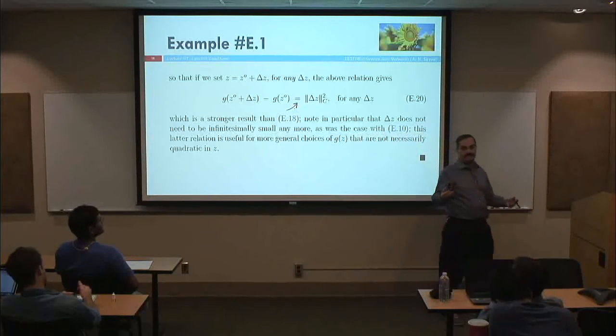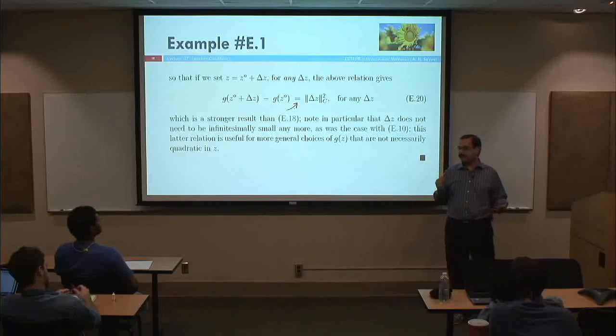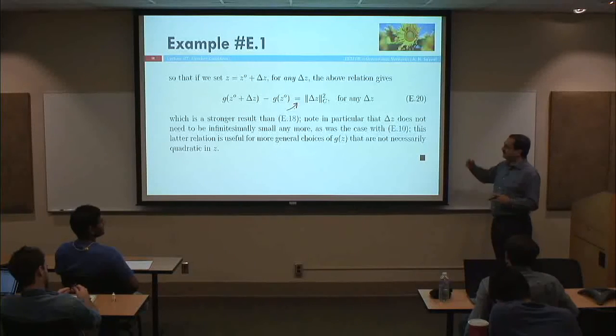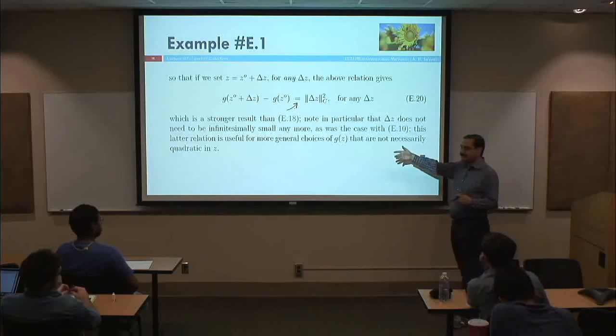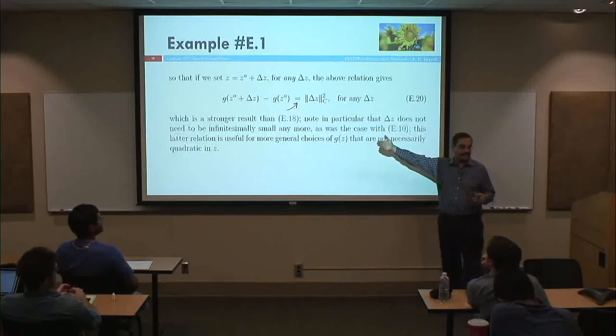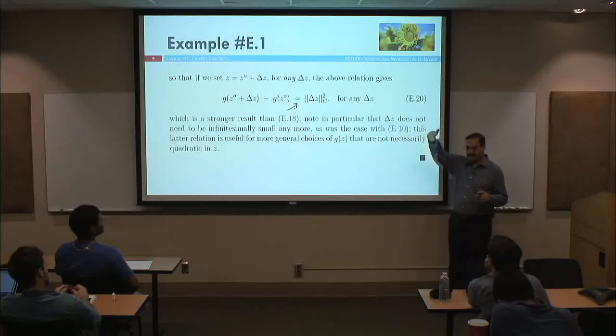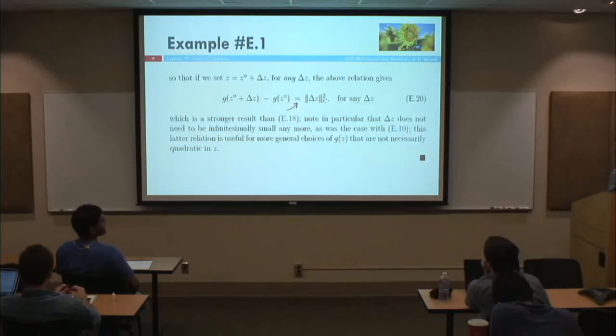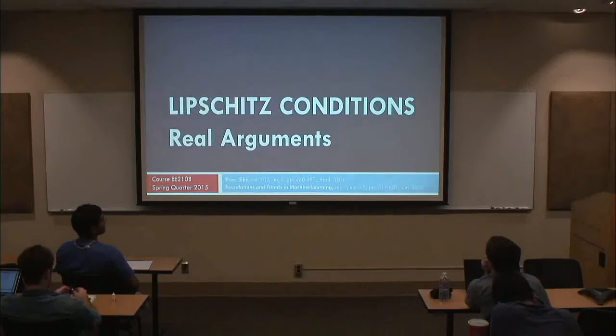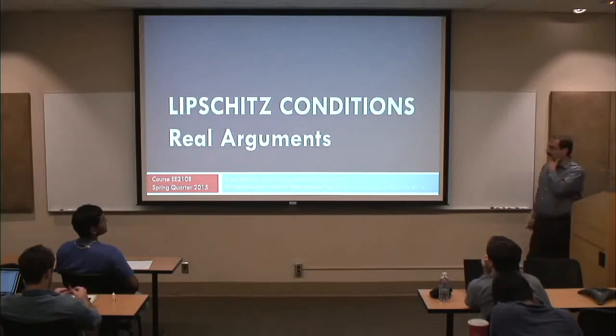For example, you can apply the lemma to the logistic function. You will prove in one of your homework problems that the regularized logistic function is strongly convex, right? So you can derive and apply relations like this to the logistic function, okay? And other functions as well, okay? Fine? Okay.